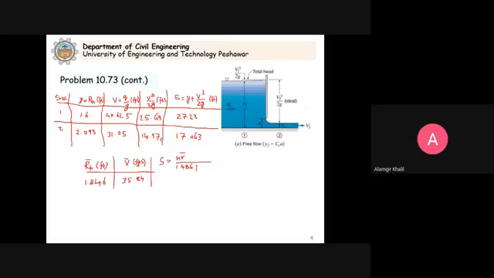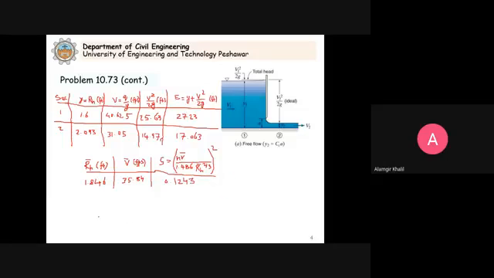And we have this R_H bar to the power two by three, and this is whole square. So from here we will calculate S, the slope of the energy line, which will be equal to 0.1243.